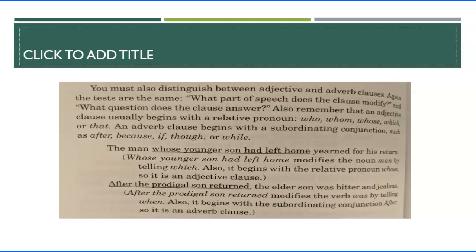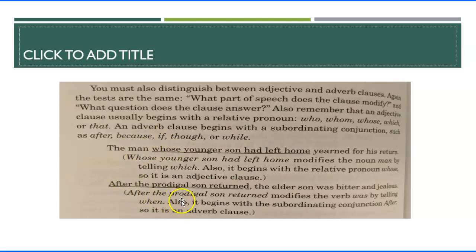Make sure you remember who, which clauses, and I included one of those. Who, whom, whose, who, which clauses are going to be adjective. The man whose younger son had left home. So this is a who, which clause describing man.